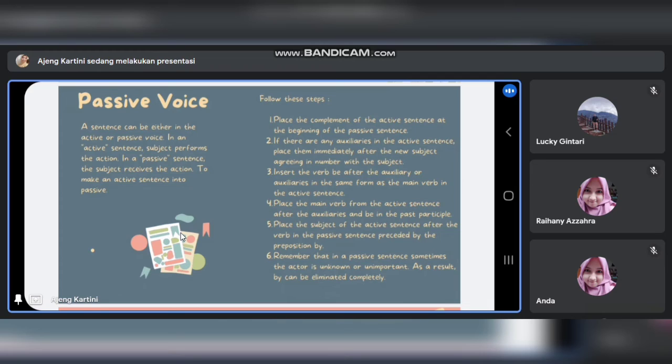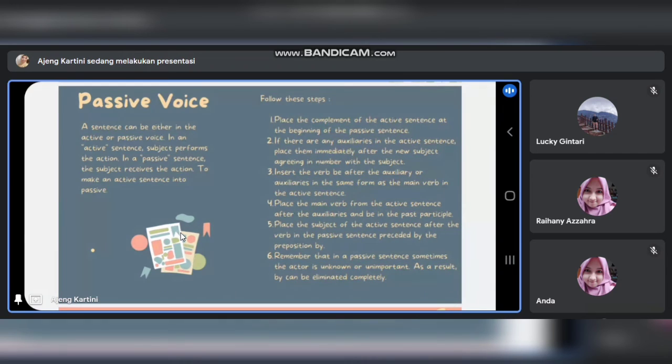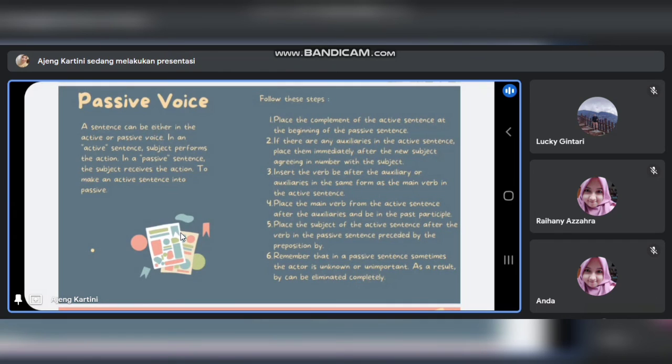To make an active sentence into passive, follow these steps. First, place the complement of the active sentence at the beginning of the passive sentence. Second, if there are any auxiliaries in the active sentence, place them immediately after the new subject, agreeing in number with the subject. The third is, insert the verb be after the auxiliary, in the same form as the main verb in the active sentence.